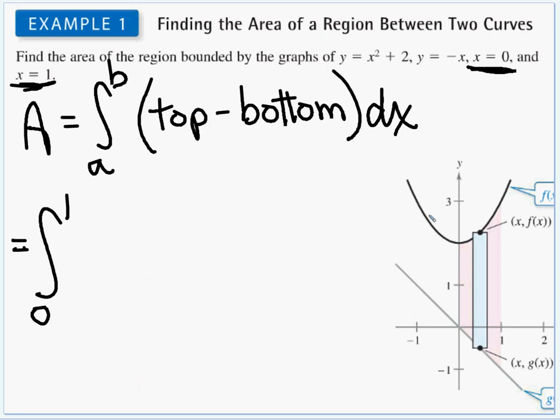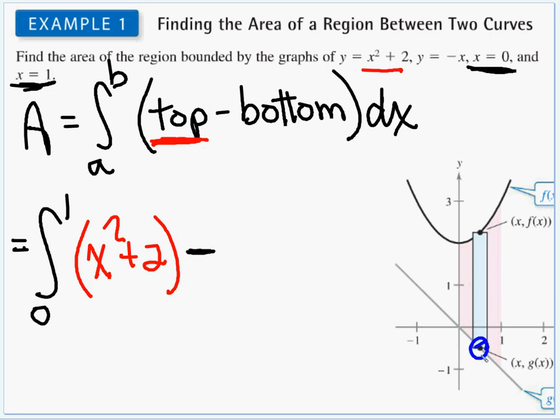Now, what function is touching the top of our representative rectangle? I'll switch back to red ink for that. That is the x squared plus 2. So that's this part here, top. And now we're going to subtract. I'll switch to blue ink for what's touching the bottom of this rectangle. And the function we're hitting at the bottom there is that straight line.